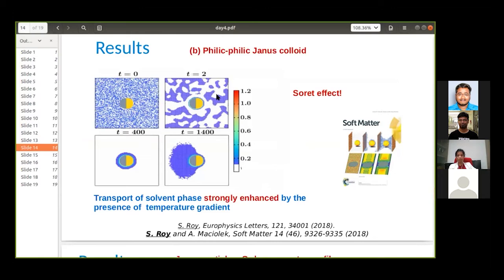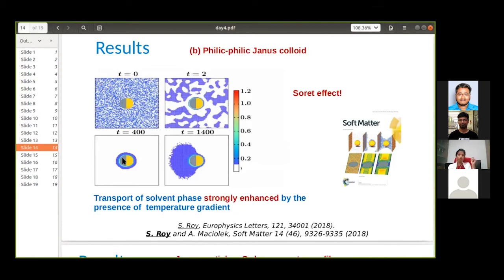You have domains forming, and these domains will get bigger and bigger. Finally, in the steady state at t equal to 400, you have this surface adsorption layer formed on top of the particle, purely because of surface enrichment phenomena. There is no temperature gradient at all till now.